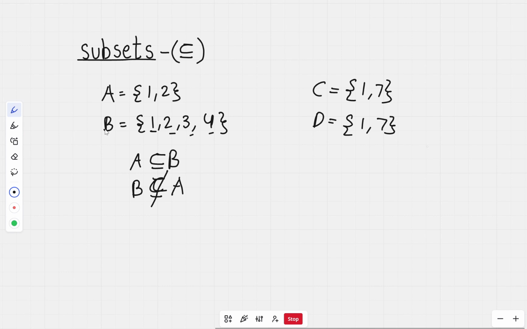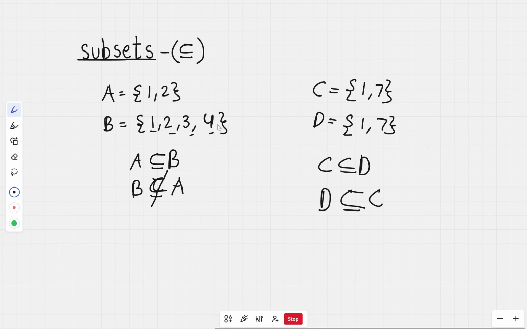So A can be considered a subset of B because every element of A is present in B, but not every element of B is present in A. So in this case, it's only A is a subset of B, not B is a subset of A. But where both C and D have the same elements, we can write C is a subset of D and D is a subset of C, because both have the same elements. So the order doesn't matter here. But here A is a subset and B is a superset, which we are going to learn further in our video. For now, we just need to know that B is not a subset of A.